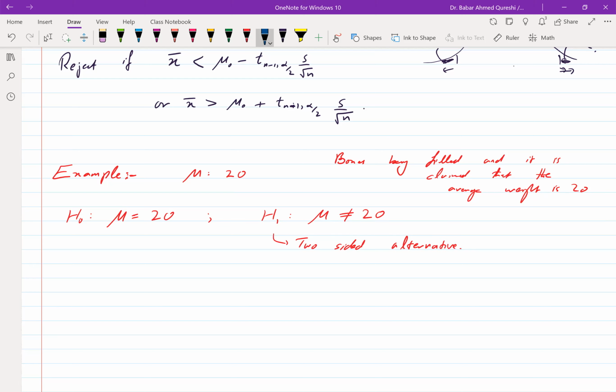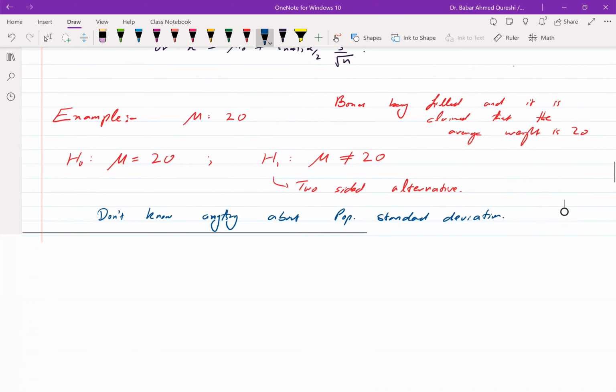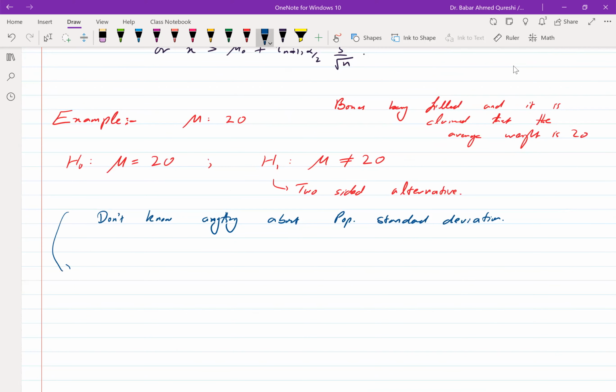And you don't know anything about the population standard deviation. So what you want to do is test H naught. What are you going to do?